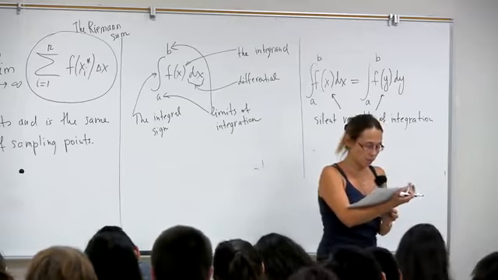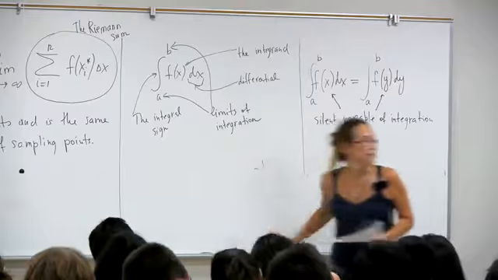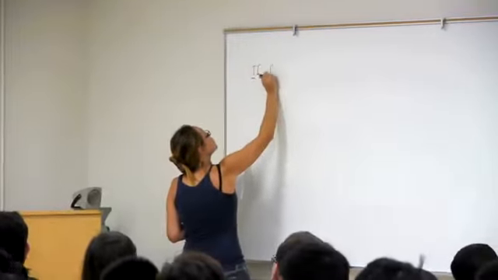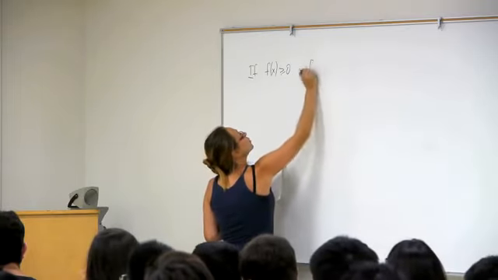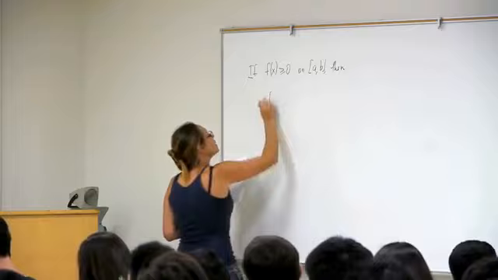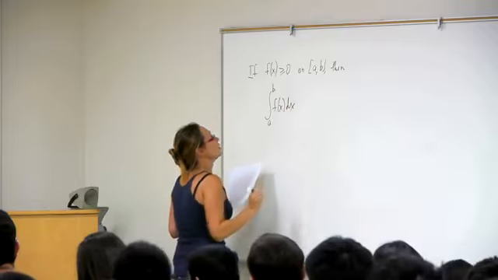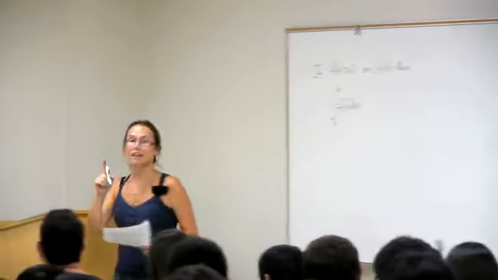Okay. So what is the meaning of this new object? If the function f of x is non-negative on the interval a, b, then the integral of f of x dx, what is the meaning of that? Do you remember? Area under the curve. Exactly, because we already saw this right-hand side.